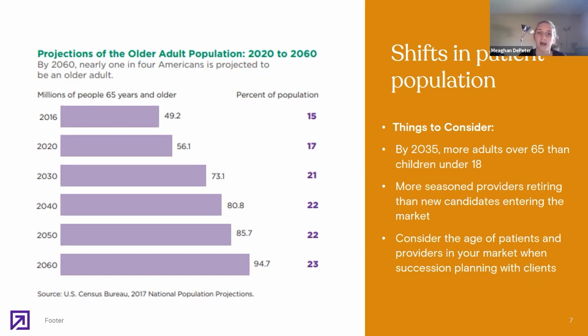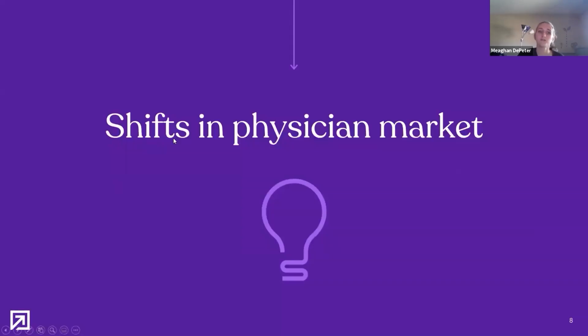Looking at this visual on the left, this represents millions of people over 65 of age. By 2060, 1 in 4 Americans is projected to be an older adult. So, what are the other effects of an aging nation? Specialties already facing physician shortages will feel the greatest consequences of an aging nation.